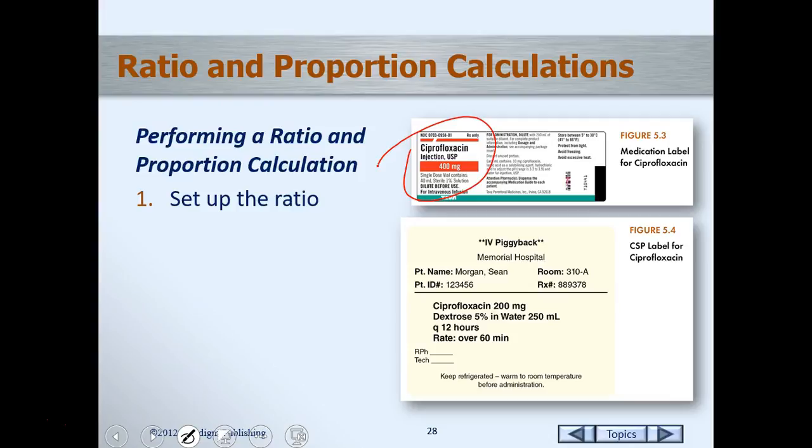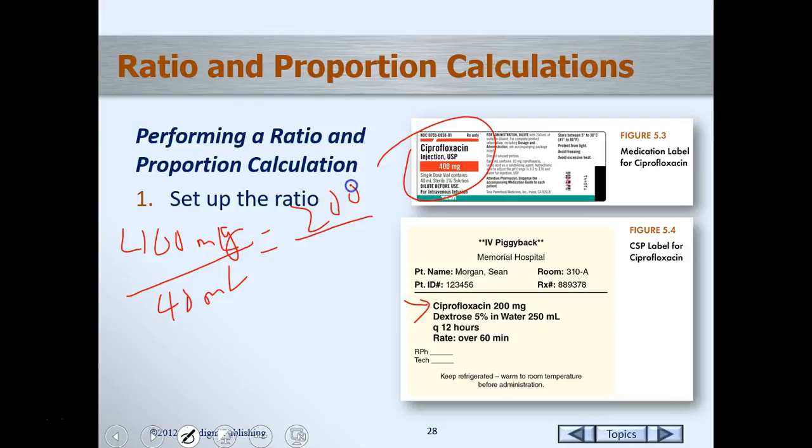So I have to read this information. So I have 400 milligrams and 40 milliliters. Then I have to decide, okay, now I know what I want. Oops, that should be milligrams. I need to see my order is for 200. Now you know that I'm only concerned with the drug. I don't want to worry about my base solution yet.